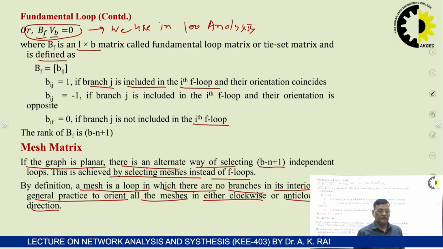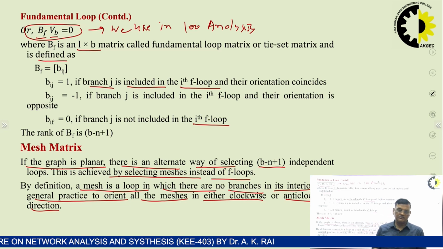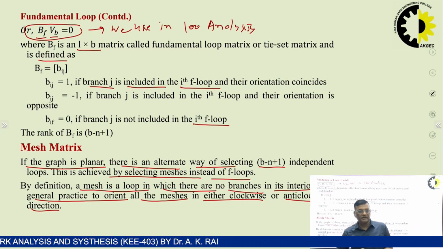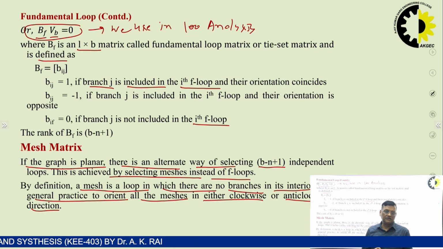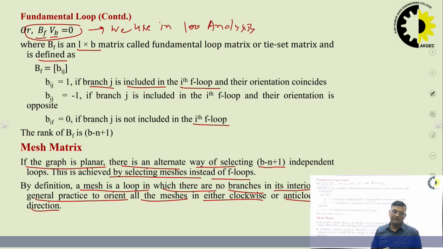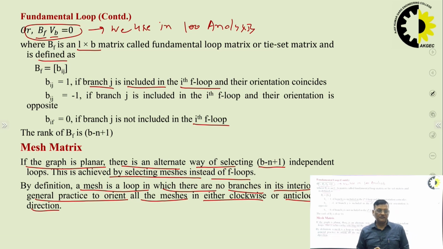So there are 2 approaches. One is the loop method, another one is the mesh method. In the loop method, we go for the fundamental loops, and the number of fundamental loops is as per the number of links. The orientation of a fundamental loop is the same as its defining link, as we have seen.